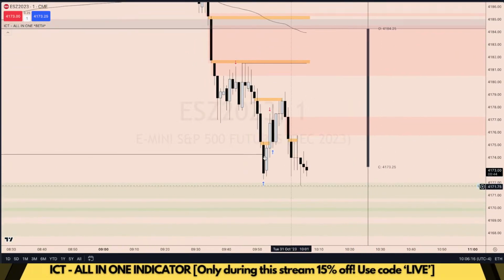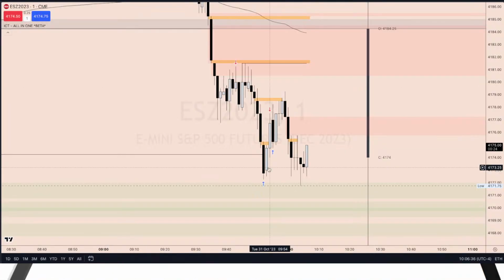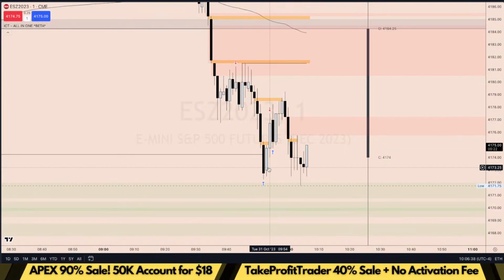Same as yesterday, we touched that midnight level and we immediately reject. That's why it's not just a random level, and that's why it's included in the all-in-one indicator. We bounce.